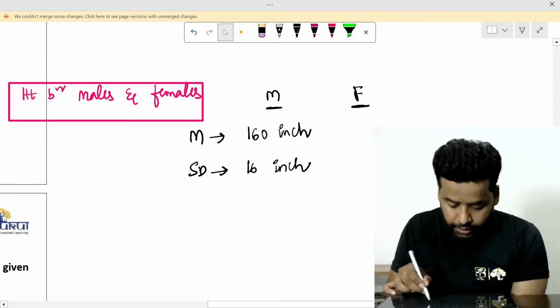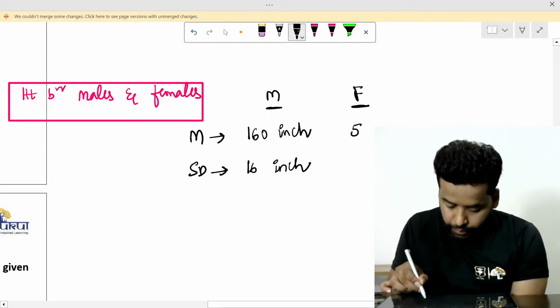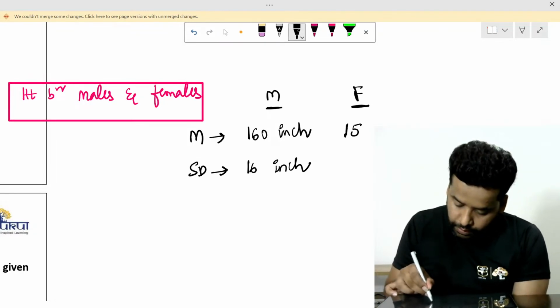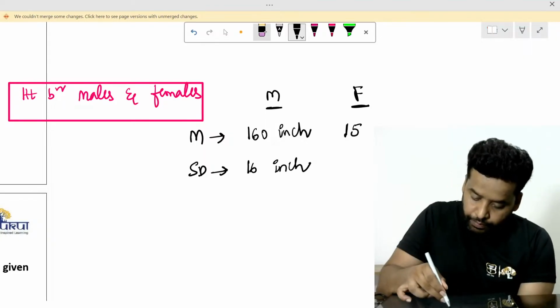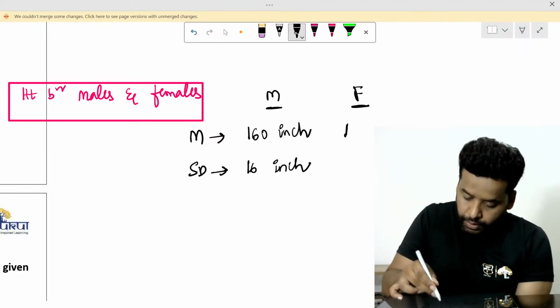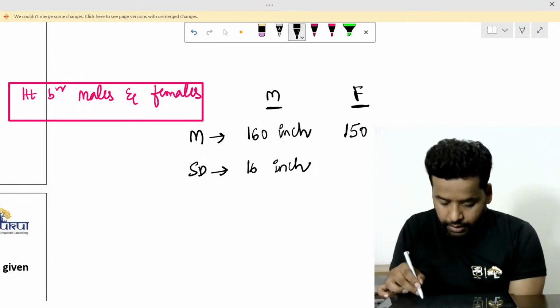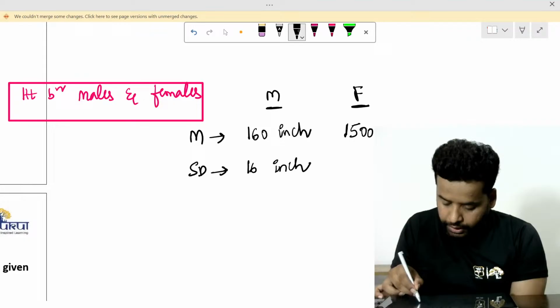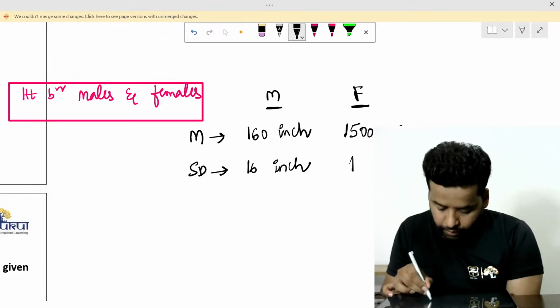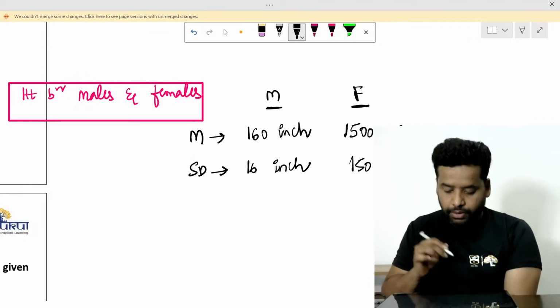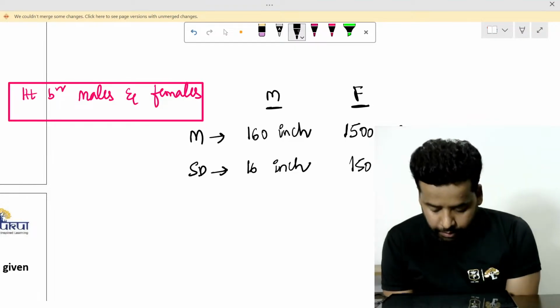But for females, 150 centimeter mean, and standard deviation is 15 centimeter.